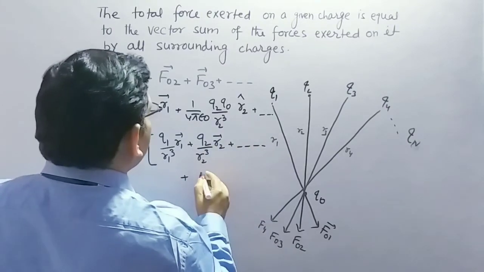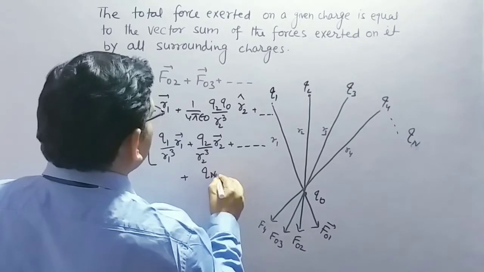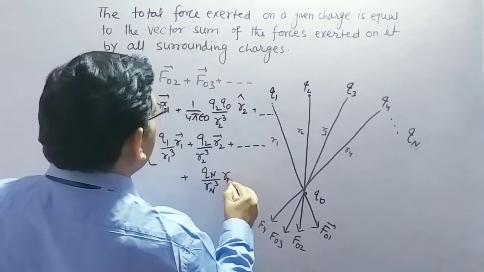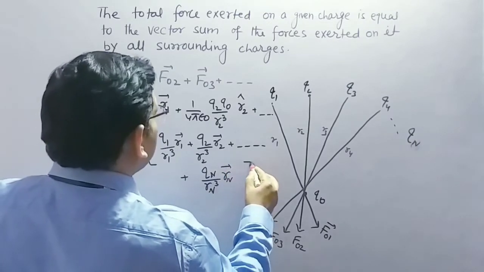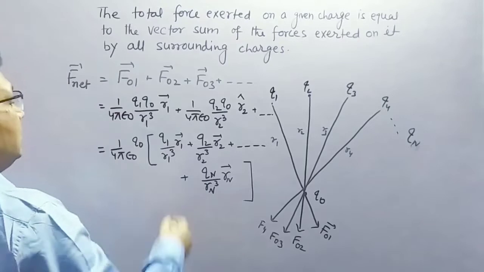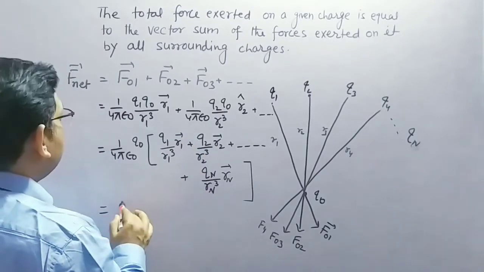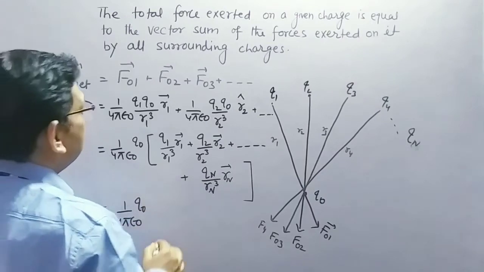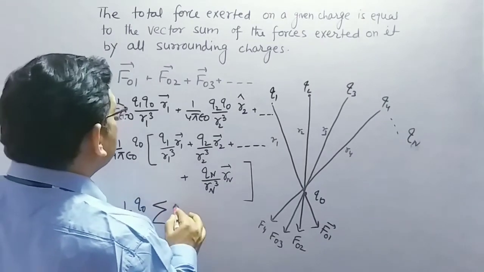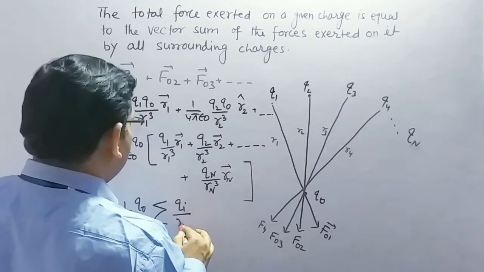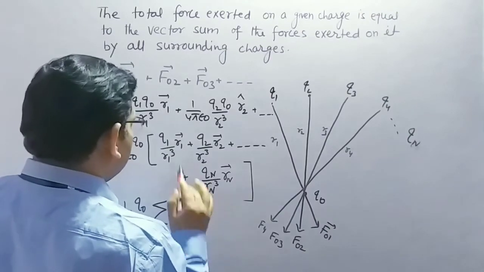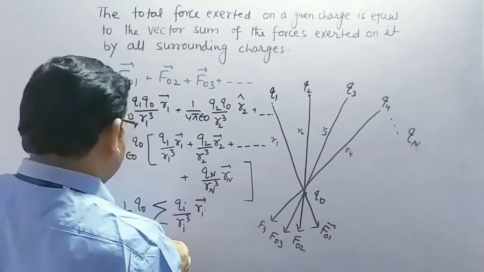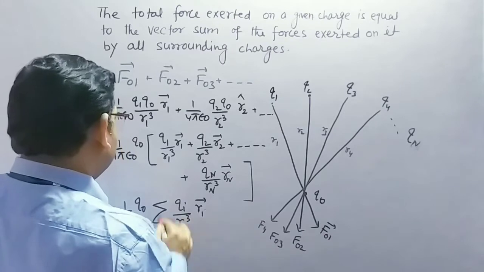One can also write, for the nth charge, Qn by Rn cube, Rn vector. This term can also be written as 1 by 4 pi epsilon Q0, take the summation of Qi by Ri cube vector Ri, with i starting from 1 going up to n.